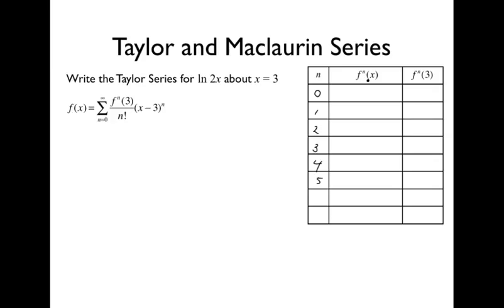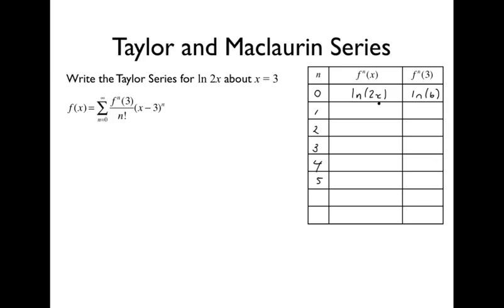What is the 0th derivative, which is just the function itself? That is natural log of 2x evaluated at 3, natural log of 6. Then when n equals 1, we have the first derivative of natural log of 2x.